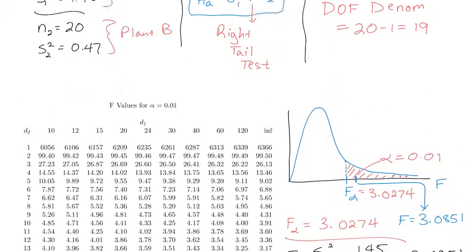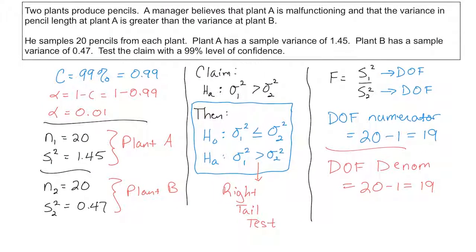So let's go back up and just do a quick summary. The basic idea is we had two plants, and they're producing a different variance in the pencil length coming off the line. It looked like, at first glance, 1.45 compared to this, that plant A was actually malfunctioning. It wasn't producing very consistent pencil lengths. It's true. But we needed to figure out if it was statistically significant.